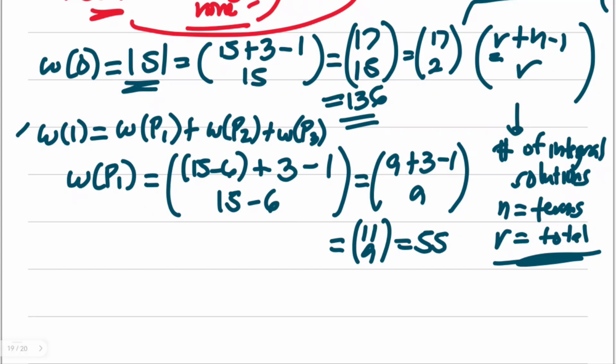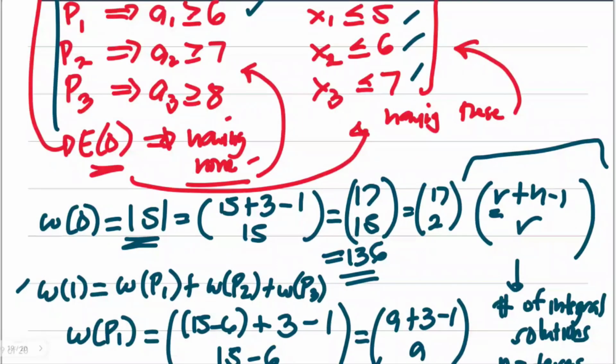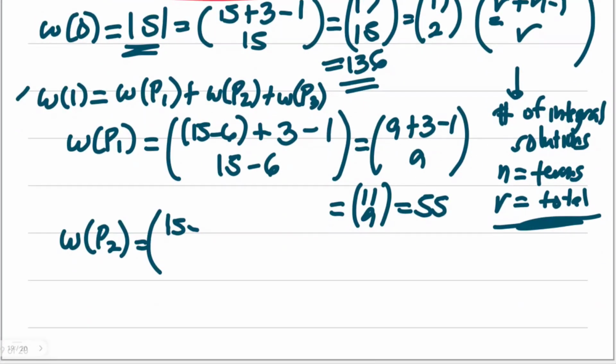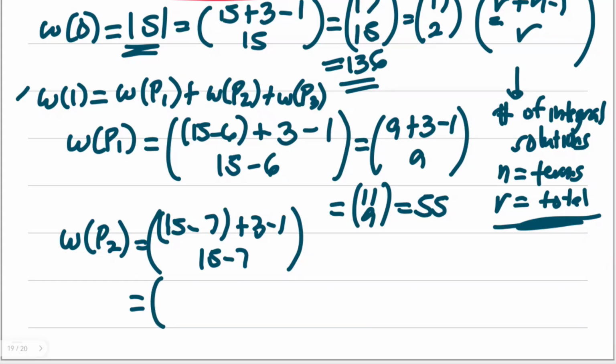For our omega of p sub 2, same thing, but in this case this is 15 minus not 6, since this is our criteria, we have 0, 1, 2, 3, 4, 5, 6, actually 7 of them. So 15 minus 7 plus 3 minus 1, that's 8 plus 3 minus 1, that's 10 combination 8, which is equal to 45.